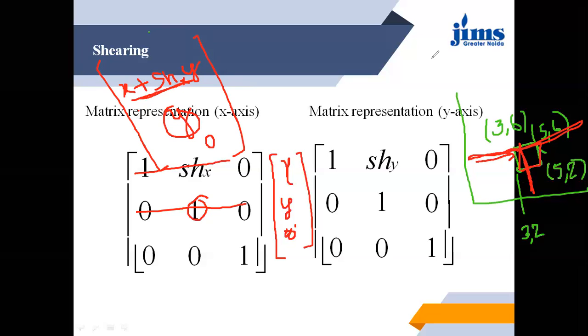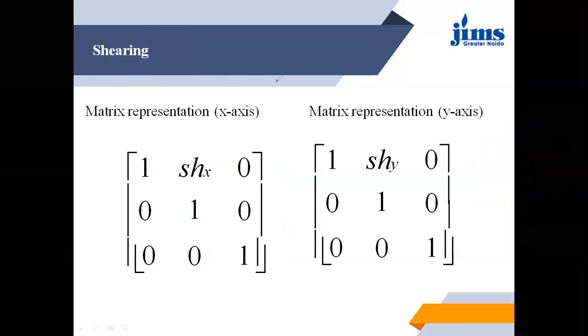In the same way, let me draw it over here.